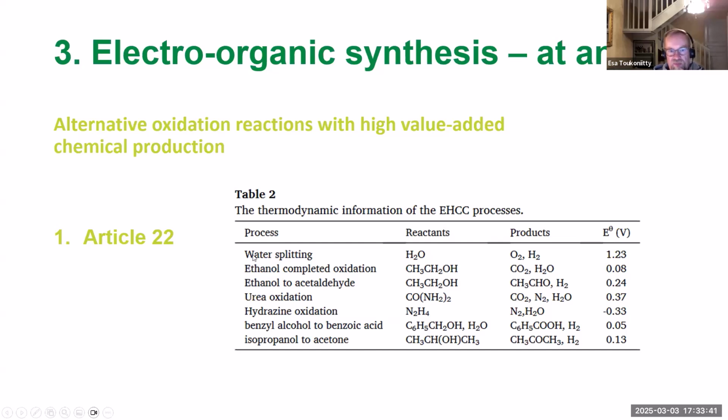But instead of water, if you use, let's say, ethanol, you can make hydrogen and acetaldehyde. You can also produce aromatics like benzoic acid, and some esters. So you are not limited to these very narrow reactions and products.